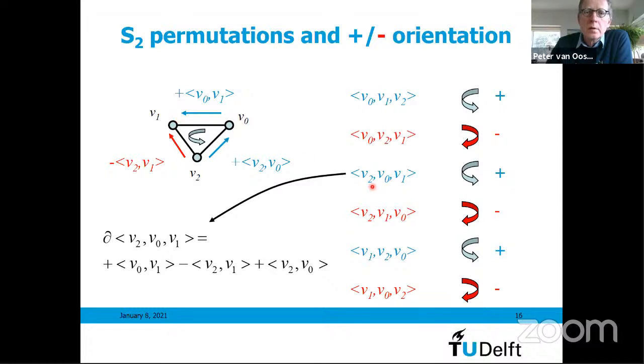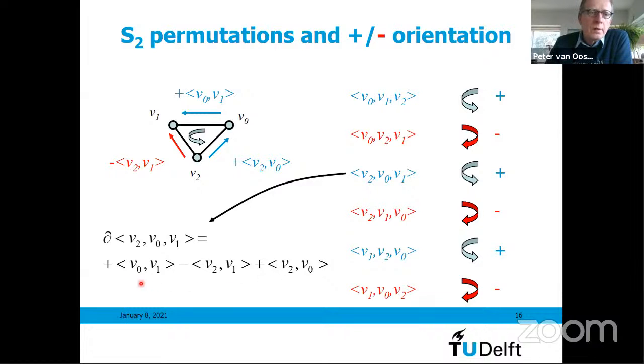If we write down the boundary elements of V0, V1, V2, we omit the first point, have a plus sign, and we get V1, V2. We omit the second point, and we get a minus sign. So we get minus V0, V2, and we omit the last vertex, and we have again a positive sign, and so we keep V0, V1.